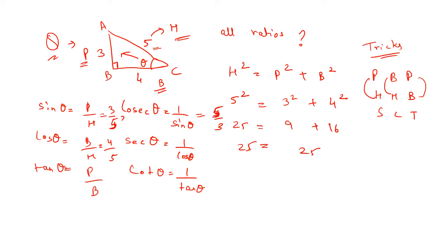Cos theta is 4 by 5, so sec theta will be 5 by 4. Tan theta is 3 by 4, so cot theta will be 4 by 3. I hope it is clear. This is your answer. That's it in this video.